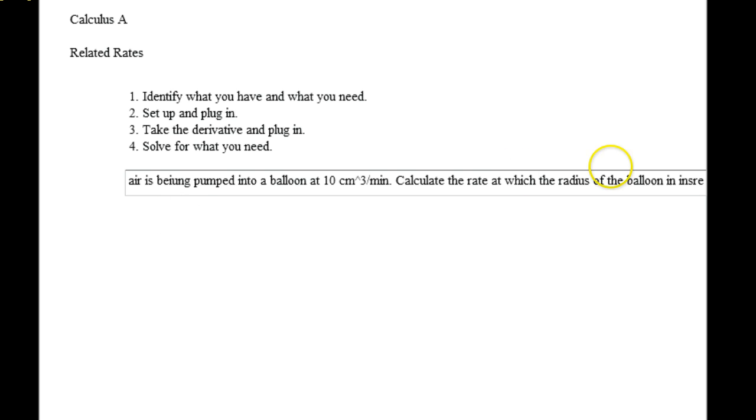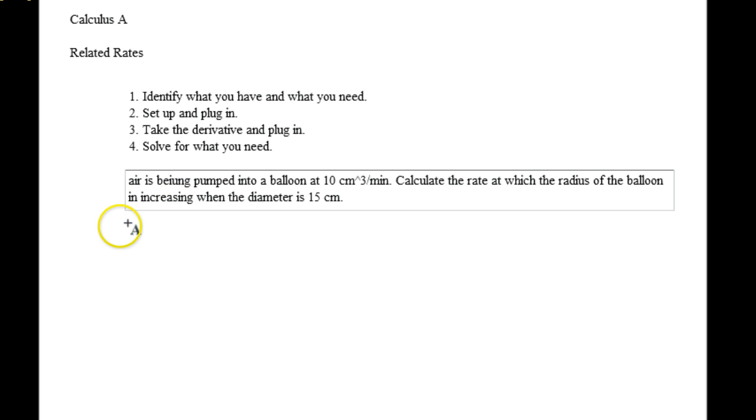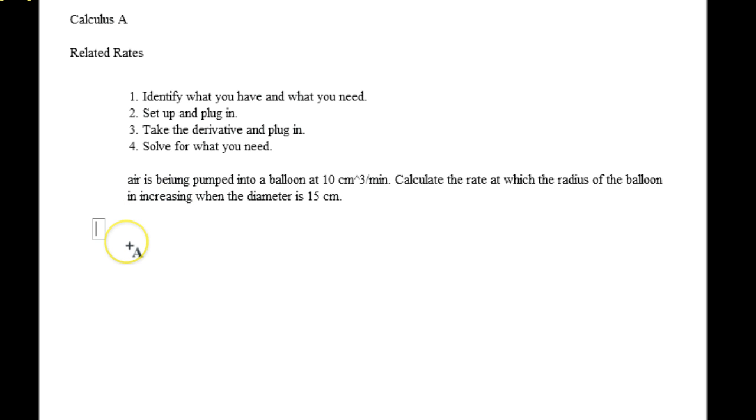Okay, so some things we're going to list out are just the formulas we need. So volume is 4/3 times pi times radius cubed. Okay, so that's a formula we do know.